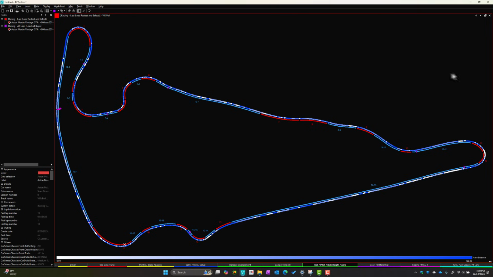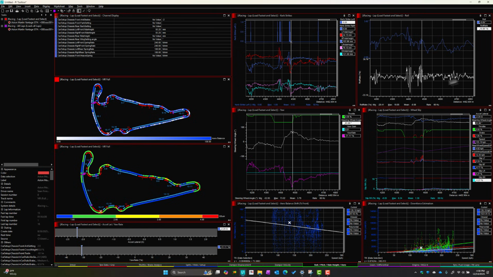I'll note right up front, the aero balance channel is using your ride height channels. It isn't actually averaged out. So you're going to have rapid movement as a result of things like bumps and cornering and braking and accelerating. Understand that it's kind of an average over time to look at.